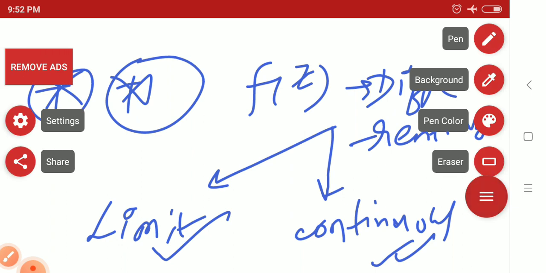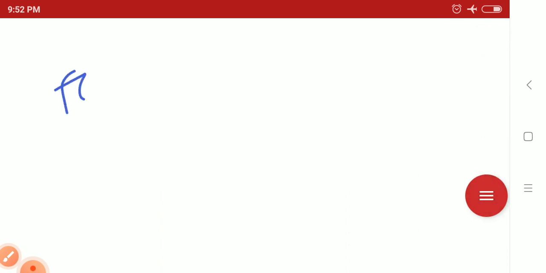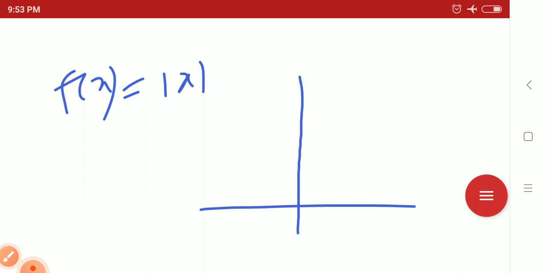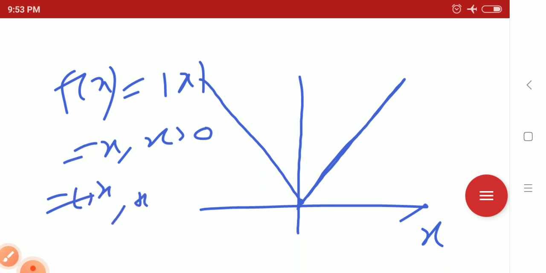Suppose we take an example, f of x equals mod x. The graph of mod x will be such that mod of x equals x for x greater than 0, and equals minus x if x is negative.